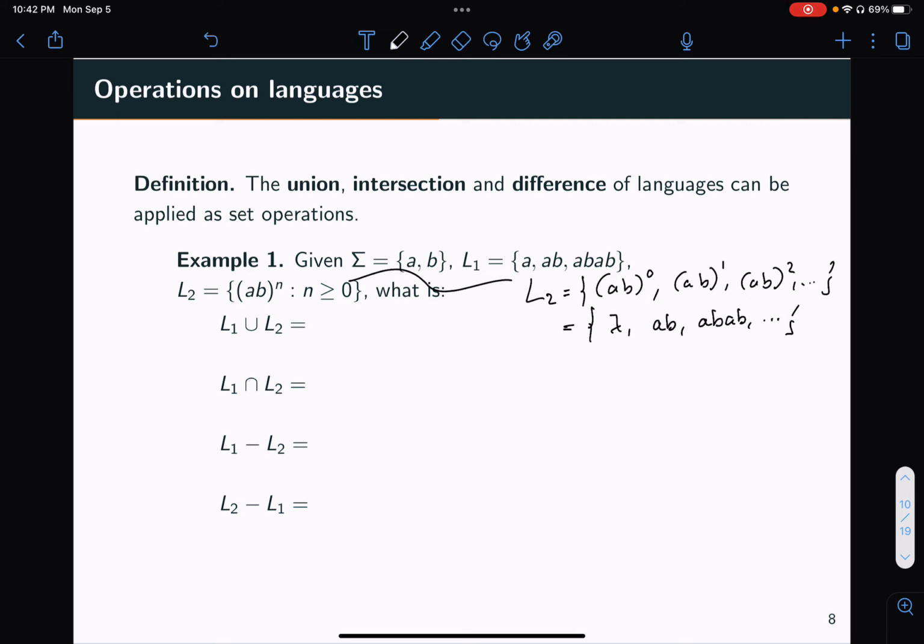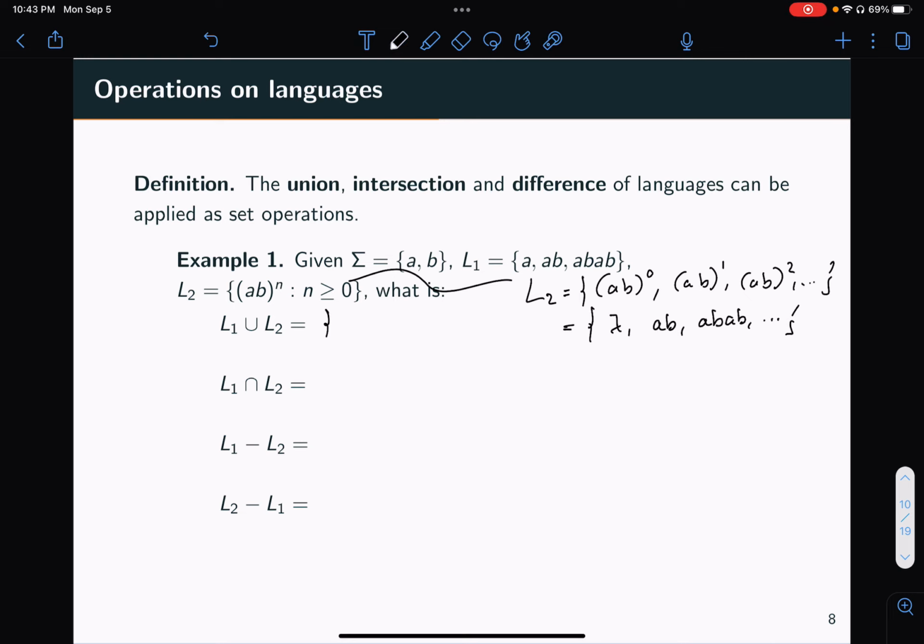And to that, I'm going to have to only add A, because A is the only string from L1 that isn't in L2. L2 actually contains AB and ABAB, which are contained in L1. So when I do the union, the only thing I have to do is take this A and add it to this infinite language, L2.